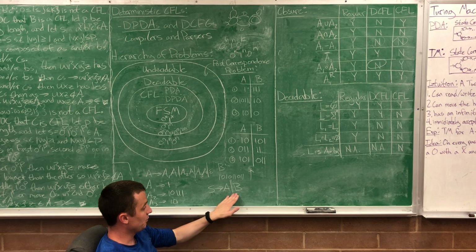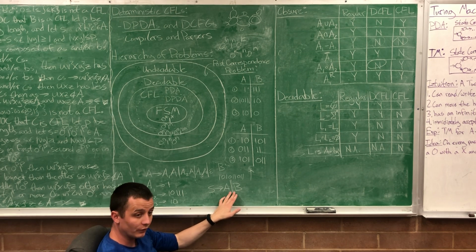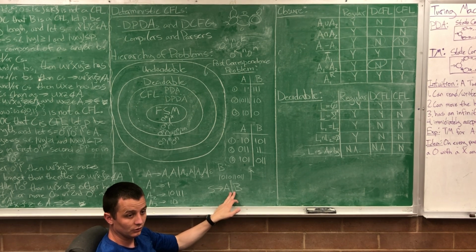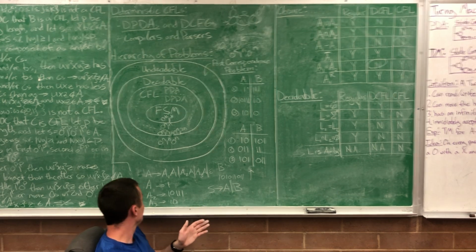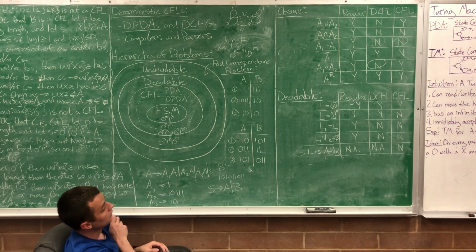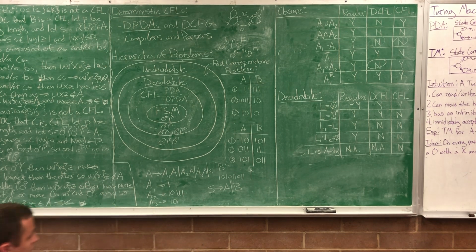If S is ambiguous, then that means that there's two different ways to generate the same string. Two different parse trees for the same string. That doesn't necessarily mean that those two different ways line up the rules the same, does it? If they generate the same string using, oh, you're right. Because we need to be using the rules in the same order.